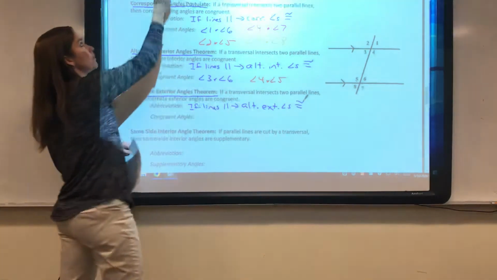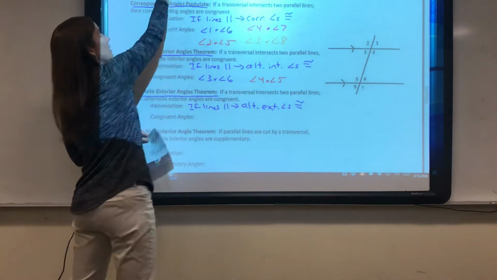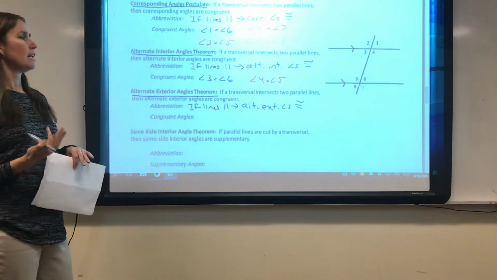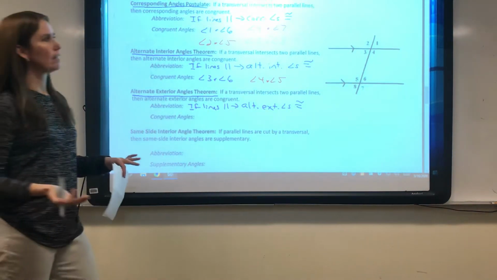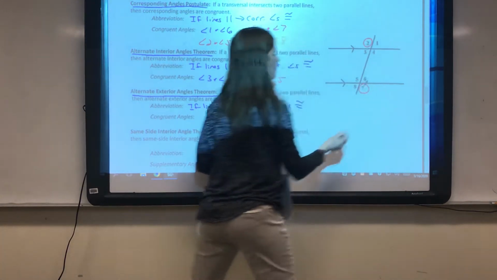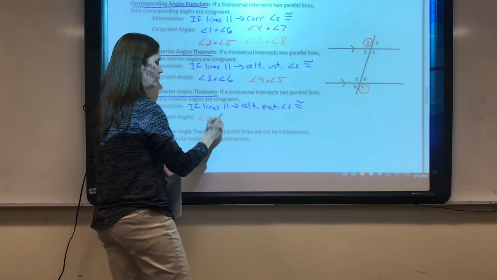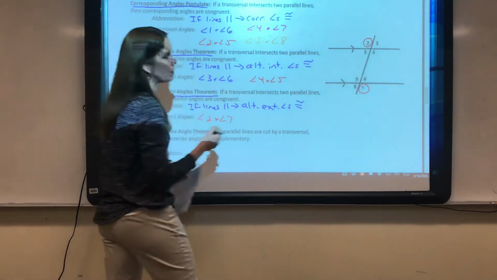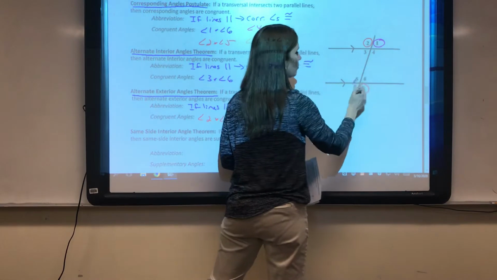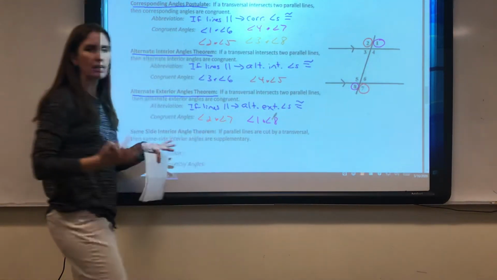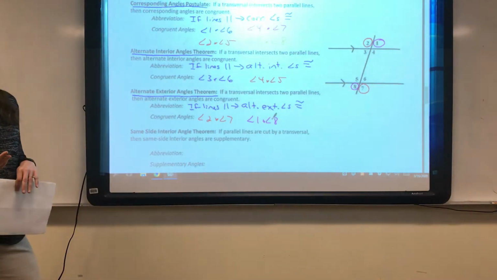Alternate means different sides of the transversal, and exterior means outside the 2 lines. One pair would be angles 2 and 7, and another pair would be 1 and 8.